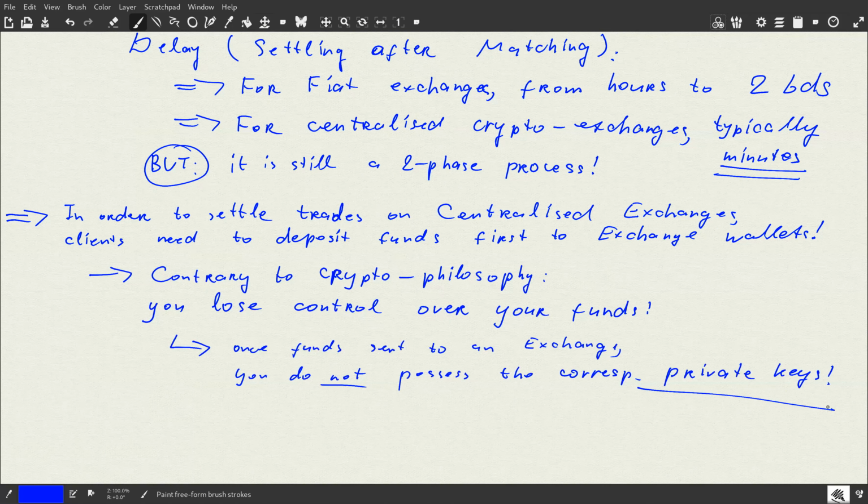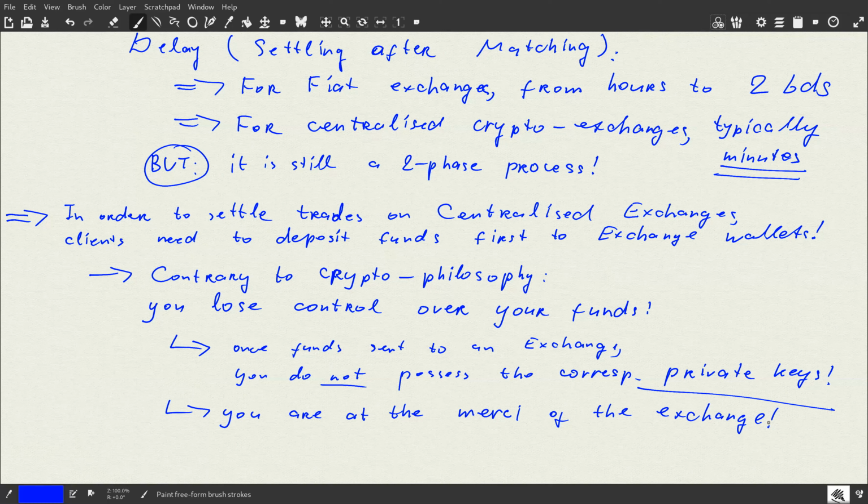As long as your funds are deposited at the exchange, they are not yours. You are at the mercy of the exchange. If the exchange decides to steal your funds, it is completely free to do that. For a regulated or semi-regulated exchange, it is quite unlikely. For a reputable unregulated one, it is quite unlikely either, but it does happen.